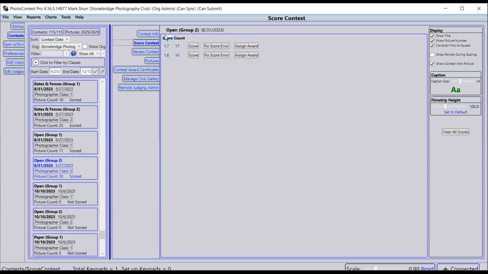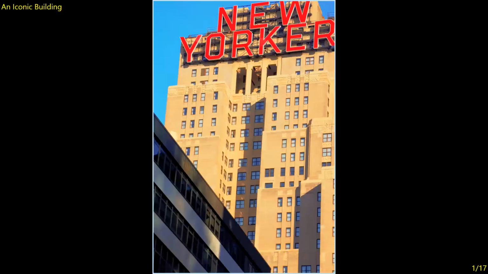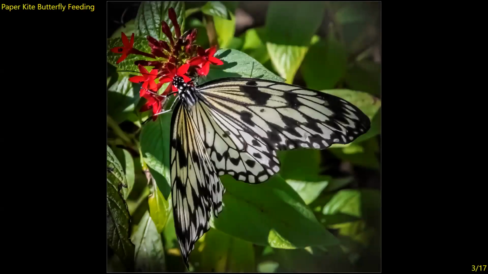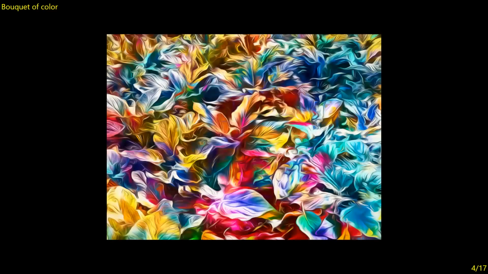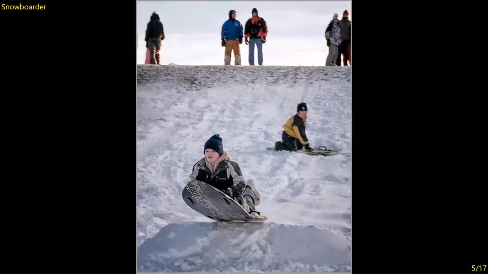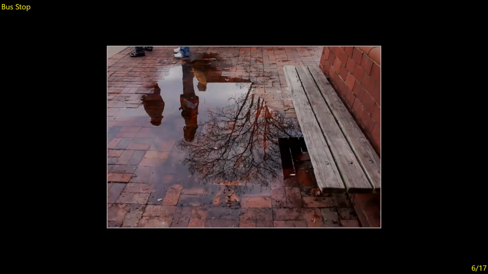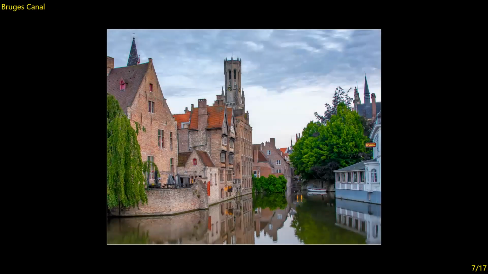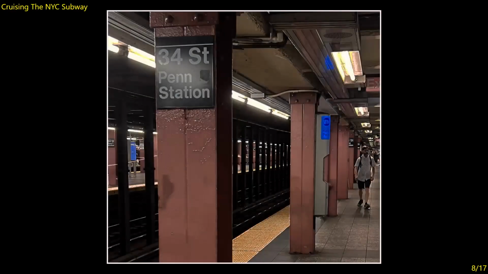Okay, we have 17 for round 2. Okay. An iconic building. 7. Venice, another view. 9. Paper kite, butterfly feeding. 7. Bouquet of color. 8. Snowboarder. 8. Bus stop. 9. Bruges Canal. 8. Cruising the NYC subway. 7.